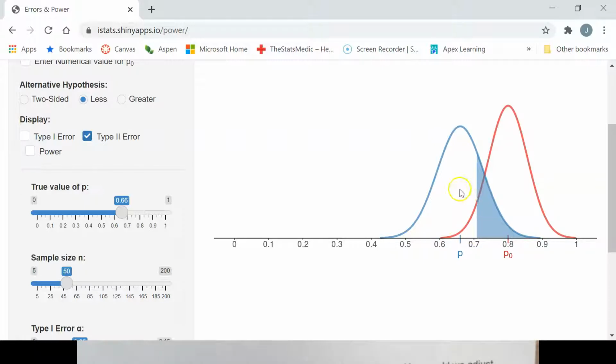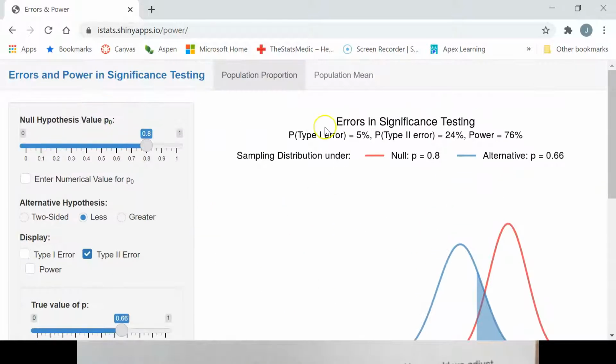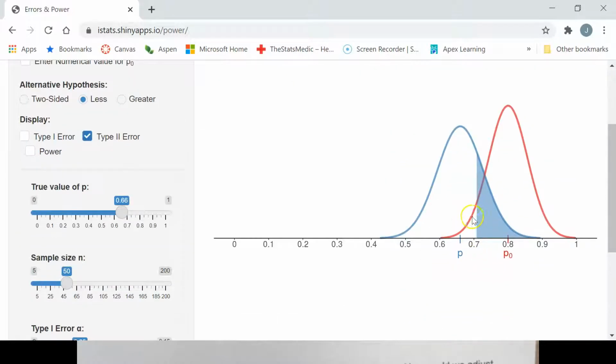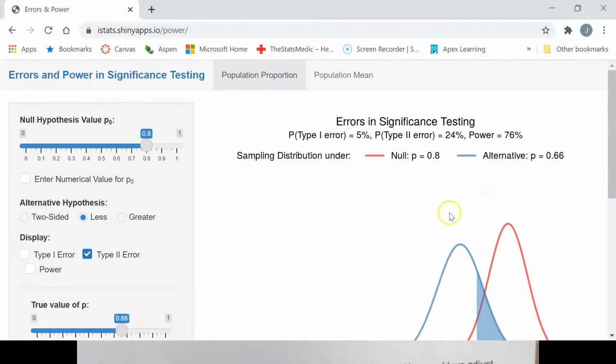So it's where these two different graphs, what the claim is versus what the sample is suggesting, overlap outside of the type 1 error probability, your alpha probability. That's what power is. So it's kind of a hard thing to talk about. But let's look here: the probability of a type 1 error is 5%, and that 5% is represented right here in this white region. Okay, that's what we would have shaded for our area.